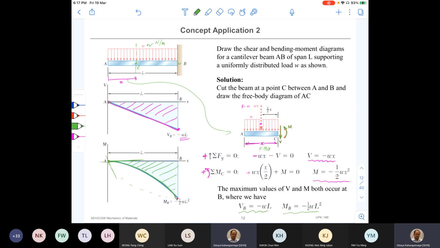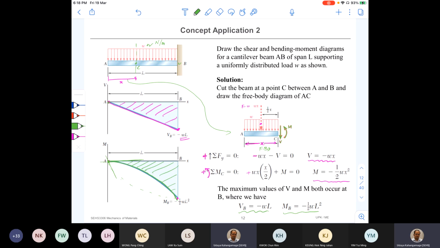Okay, so we have done 2 questions on simple bending, all with transverse loads. And now we know that once we apply a transverse load, there's shear force and also internal bending moment. Now, using fundamentals, you should be able to draw the shear force diagram and bending moment diagram.